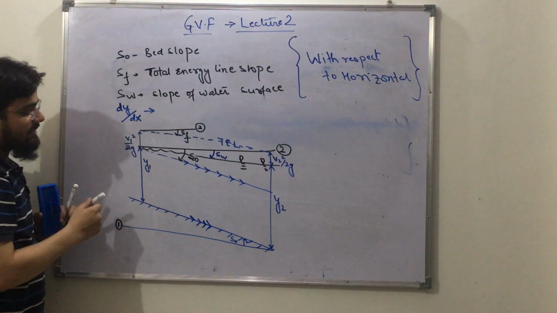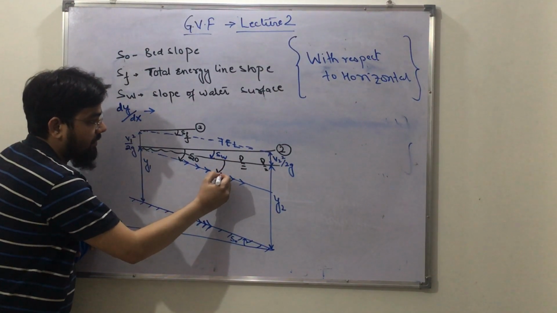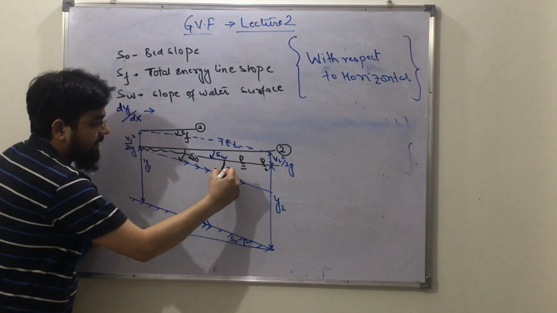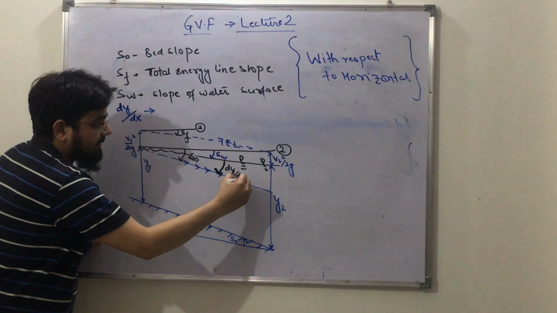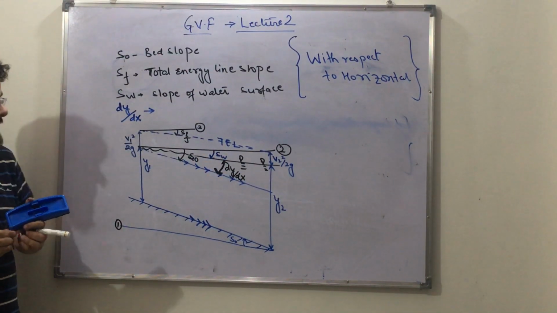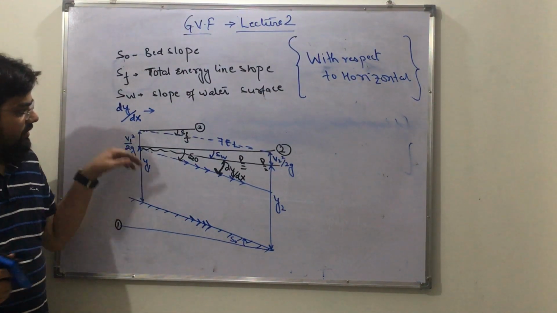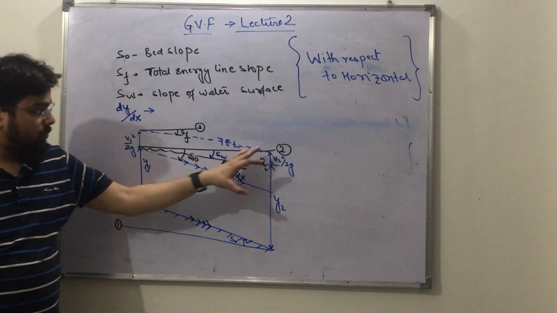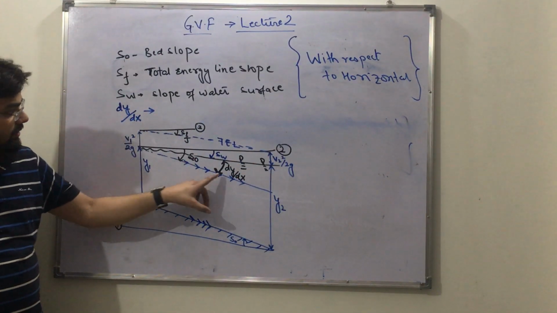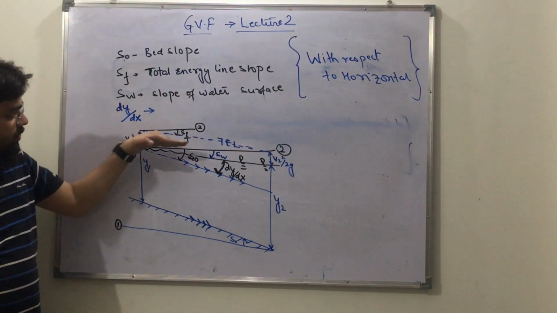So this dy by dx is measured from the bed channel to the water surface profile. So this slope is dy by dx. Hope I am clear. Dy by dx, S0, SW, everything is clear from this figure. Dy by dx from the water surface, SW from the horizontal line.